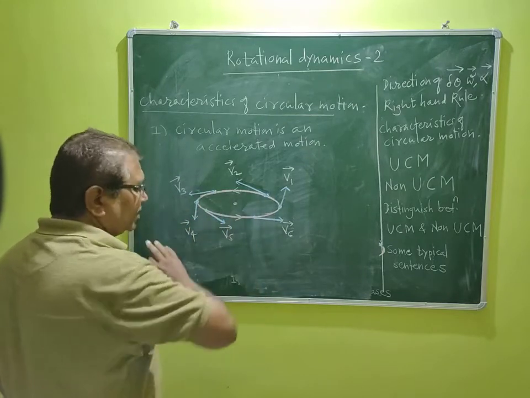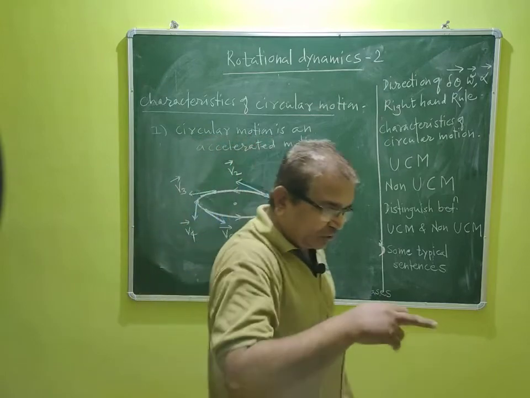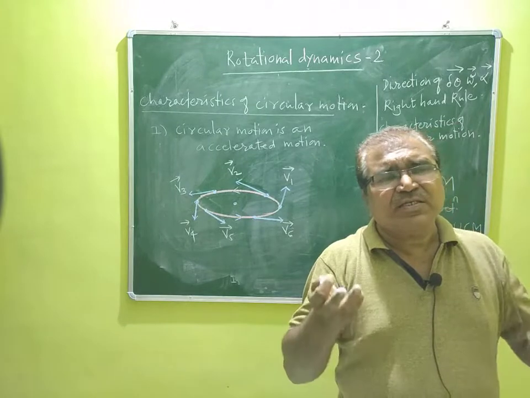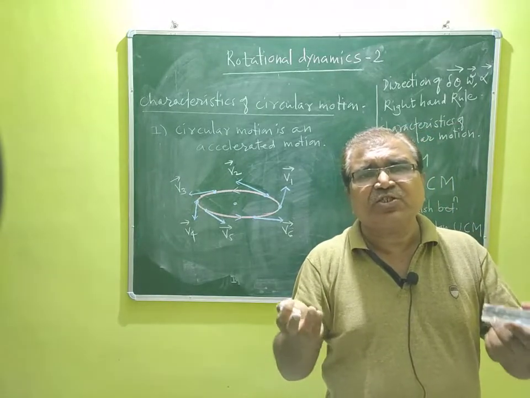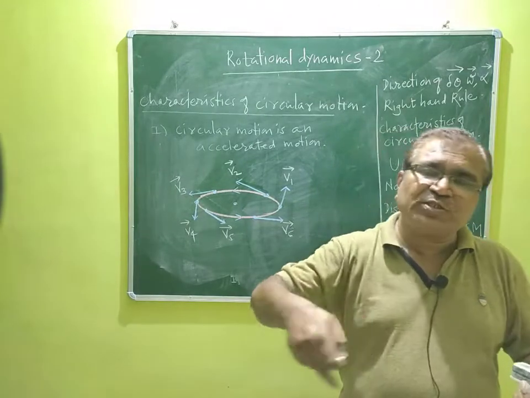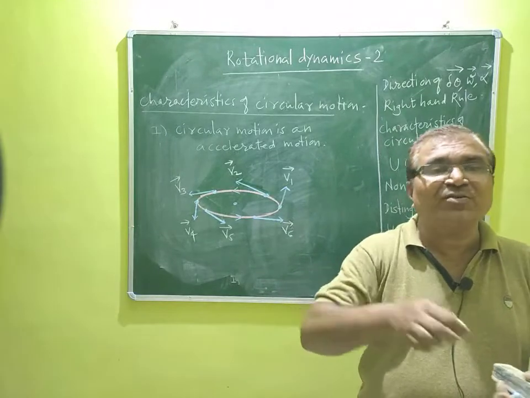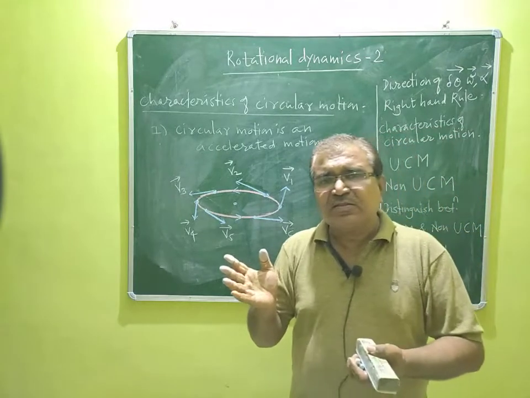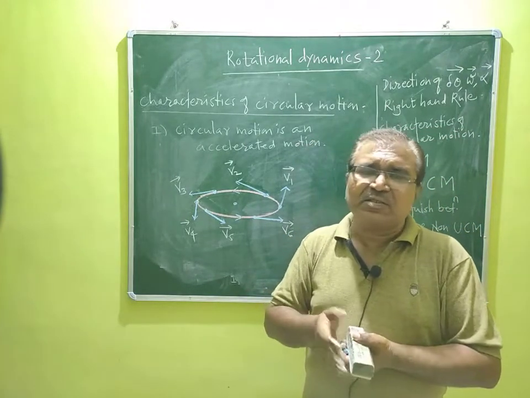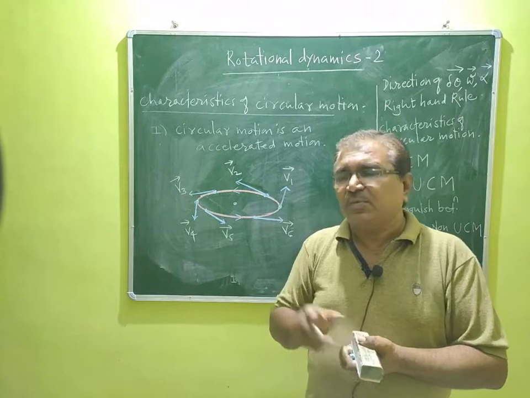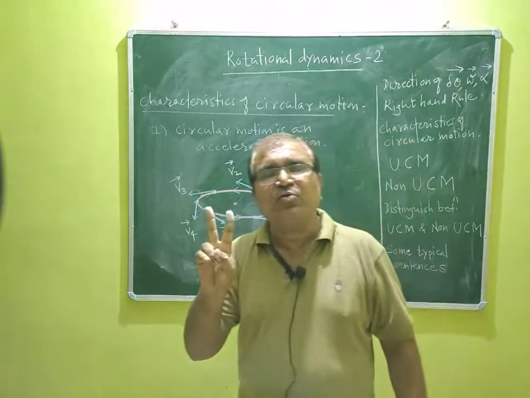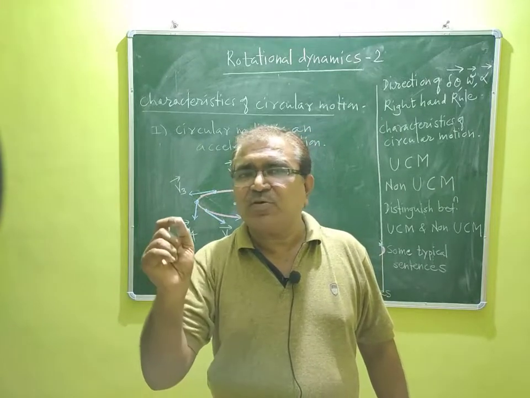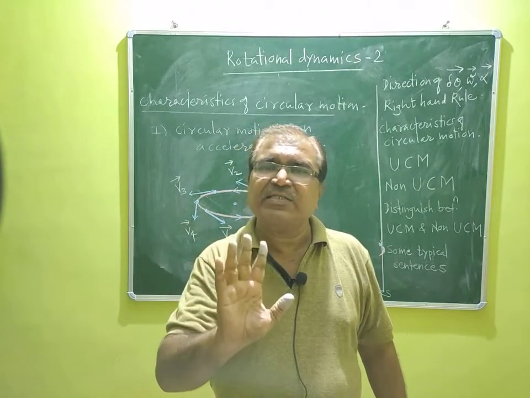Direction of linear velocity changes from position to position, time to time during circular motion, and as long as direction changes, linear velocity changes, because linear velocity depends upon two factors. It is a vector quantity. It depends upon magnitude as well as direction.